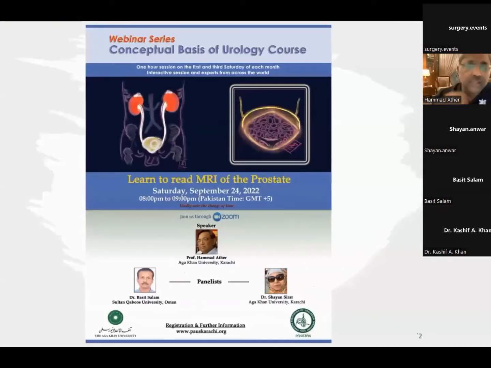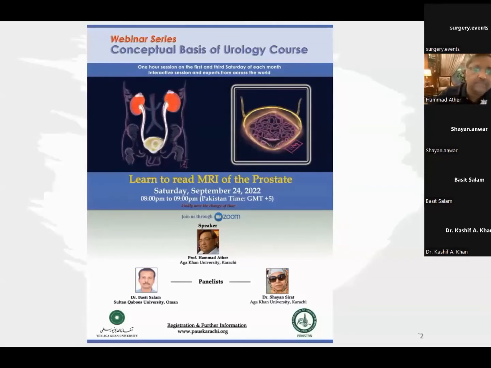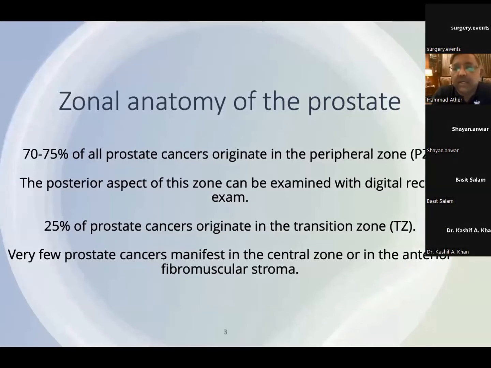Right, so these are our two moderators. Both are expert radiologists and have significant experience in reporting prostate cancer. So the key to understanding the MR of the prostate cancer is the zonal anatomy.